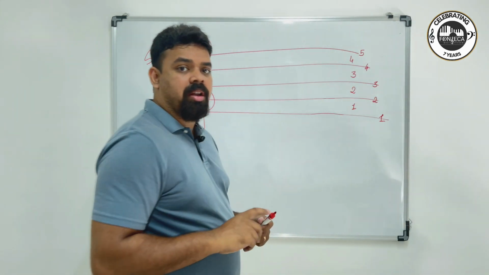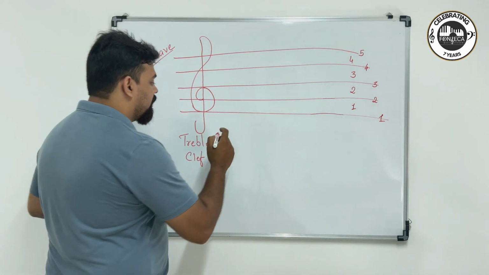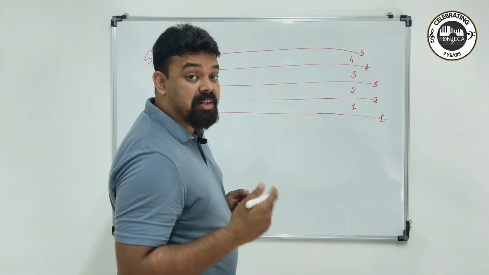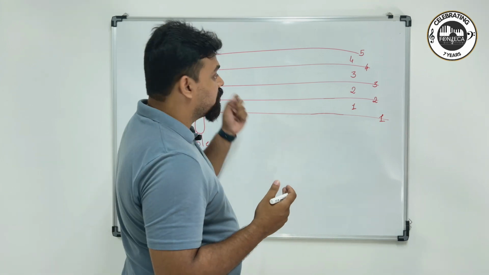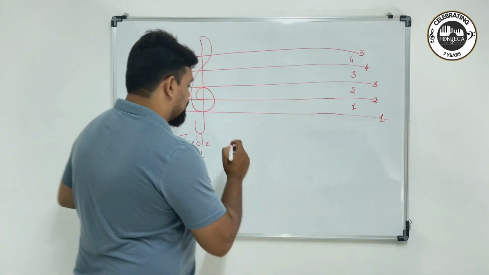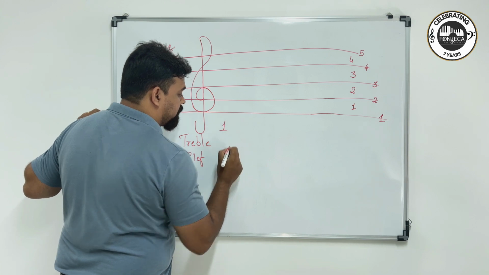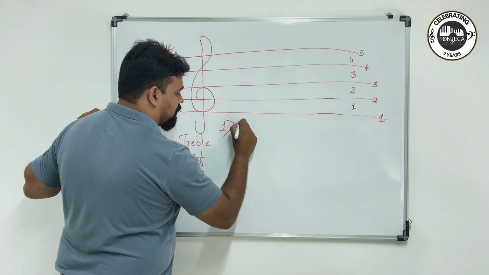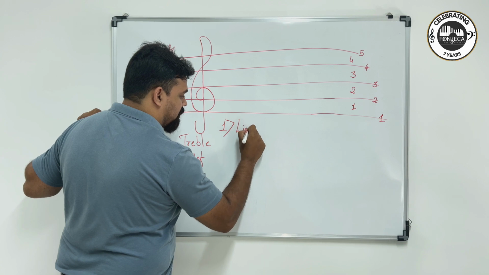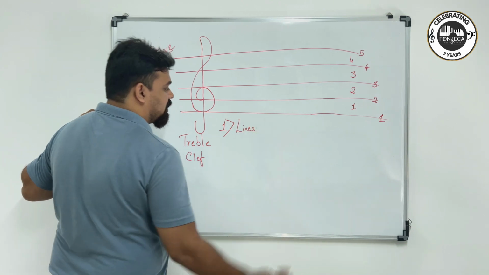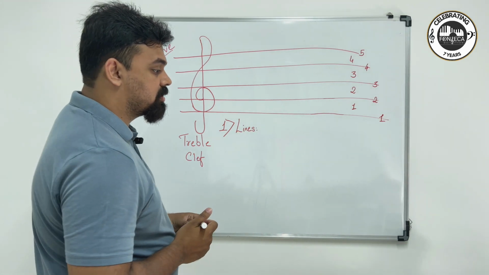Now coming back to our treble clef, we have 2 sentences that we need to learn in order to know which note comes on which line. So the first sentence, this is for the lines.